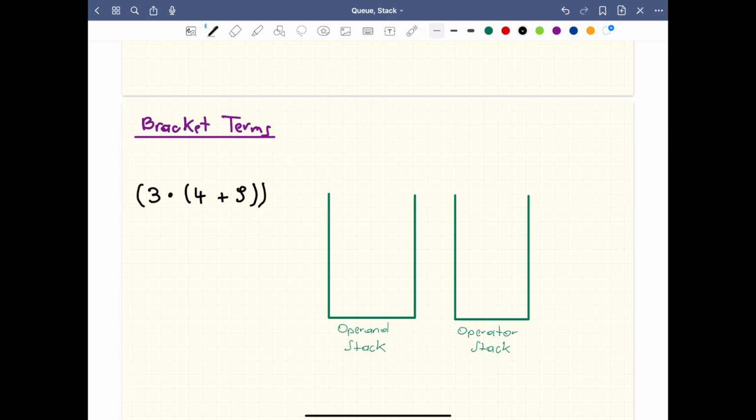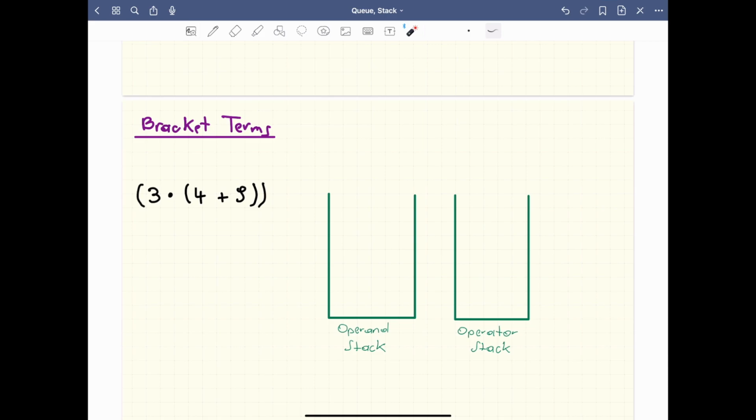And to do so, we need some things. We need our term. We have that here. We need two stacks. The first stack is the operand stack, holding all the numbers. And then we have a second stack, which is the operator stack, holding all our operators. How does this algorithm work? We have to go through our term digit by digit.